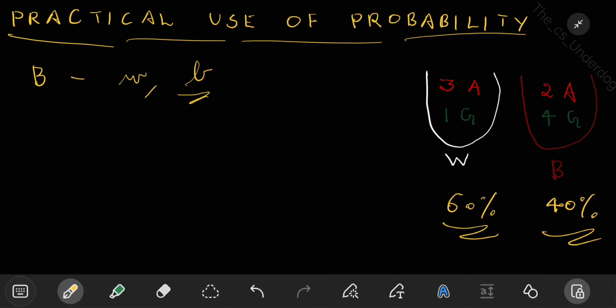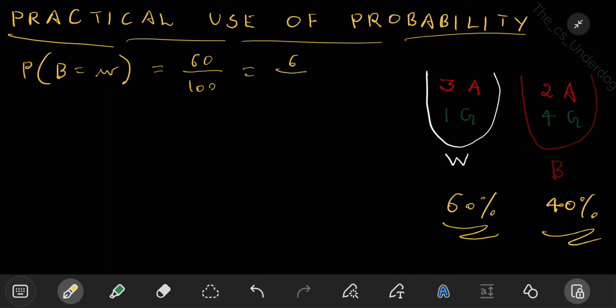So from this we understood that the probability of bag equal to white is 60%, which means 60 out of 100, which is 6 by 10. Right? Similarly, what is the probability of bag equal to brown? It is 40%, which means 40 by 100. What is 40 by 100? It is 4 by 10.